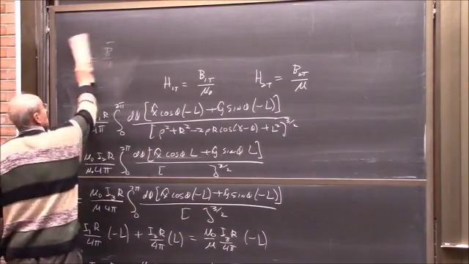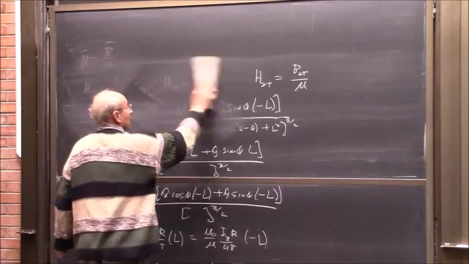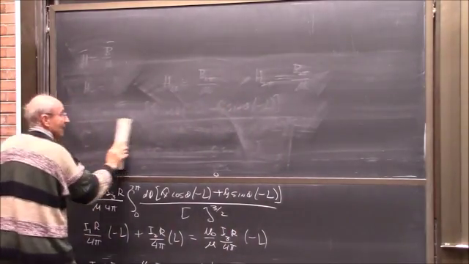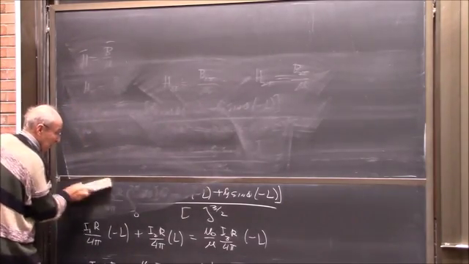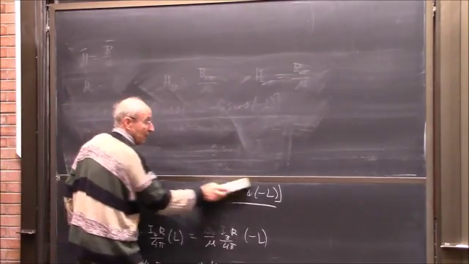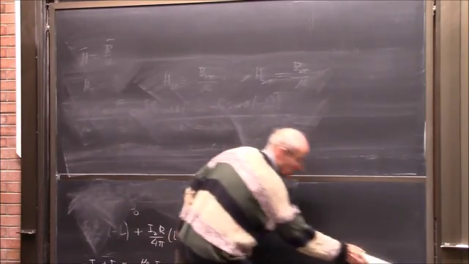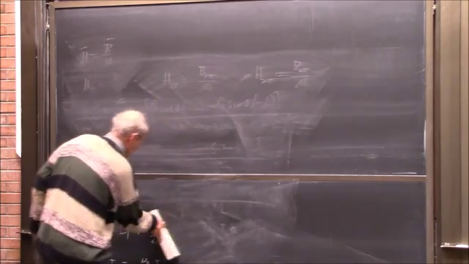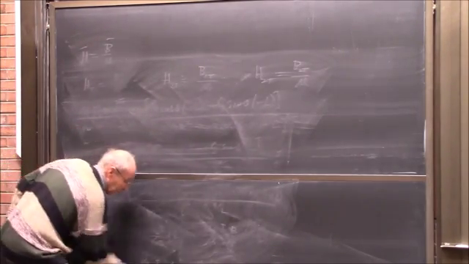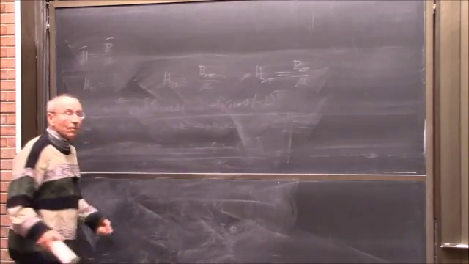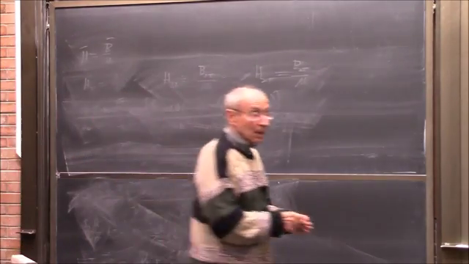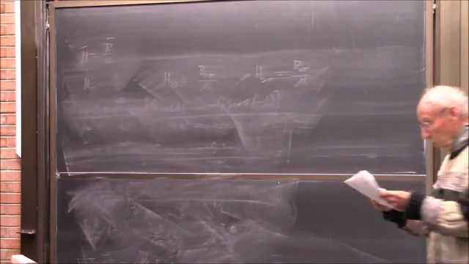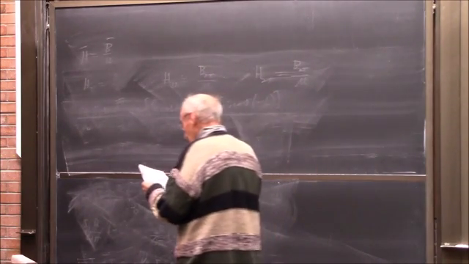So let's erase this stuff. And we immediately recognize that that's trivial because we've already done it. We did it in the first part. When we got B normal and H tangential, we had to calculate B produced by each of the little currents. So let's just go back and write down what we got for that field when we did it before.